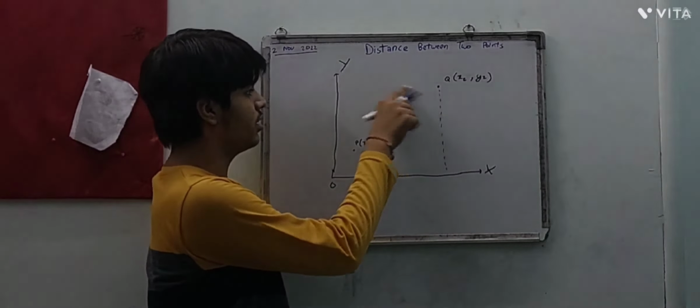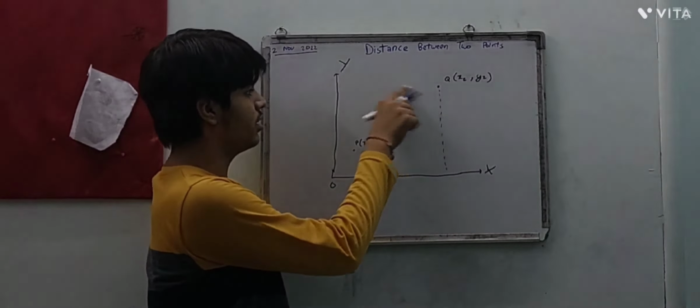So first of all write here QA is equal to. The distance QA is the same as the distance between the point B and O, because the opposite sides of a rectangle are equal. So BO is equal to QA, and BO is equal to y2, as we have marked the coordinate.